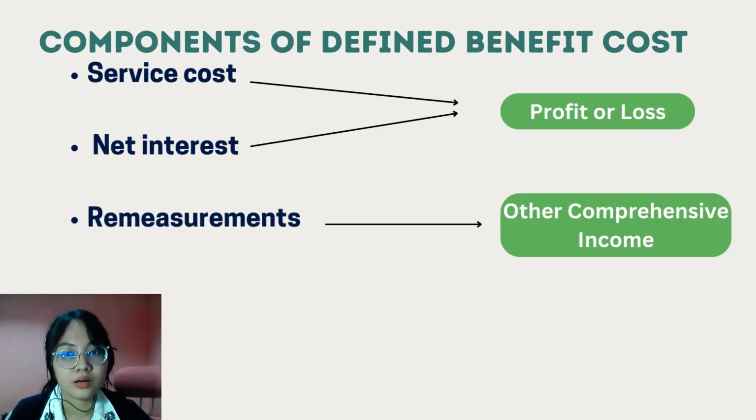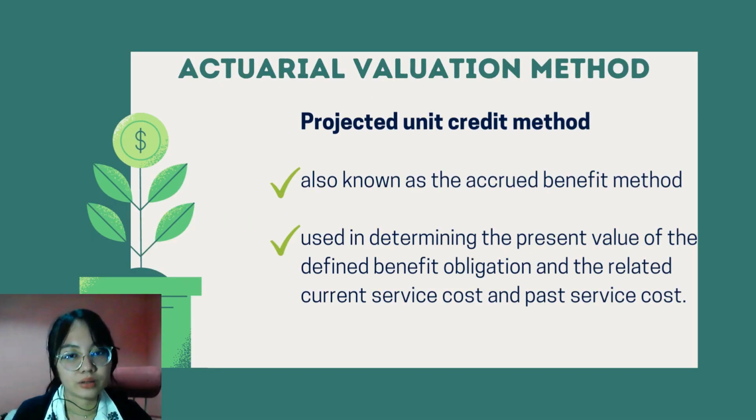So, components of defined benefit cost. We have service cost, net interest, and remeasurements. Yung service cost and net interest sa profit or loss siya, while yung remeasurements is sa other comprehensive income. Actuarial valuation method, kasi yung nagko-compute ay yung actuary.